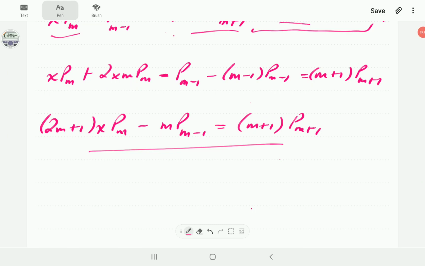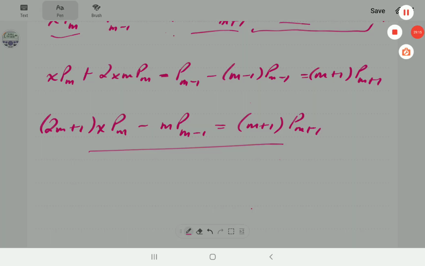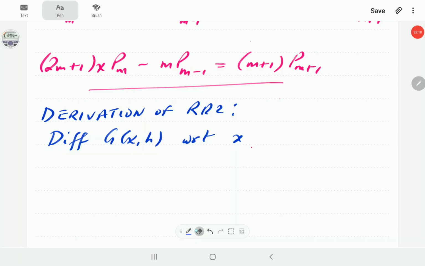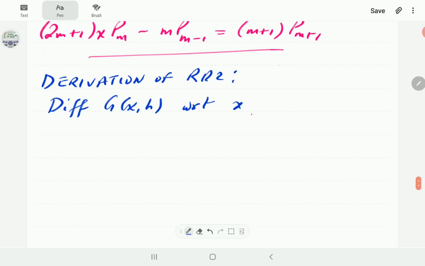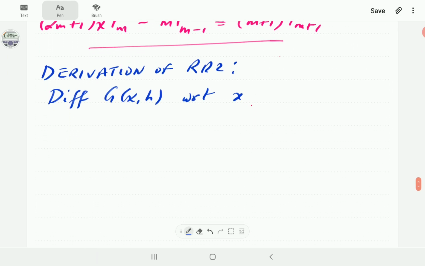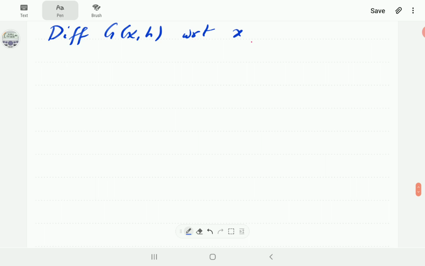We're going to go to the derivation of the second one now. All right, in the case of derivation of R2, what we do is we differentiate the generating function with respect to x this time. Remember, in R1 we differentiated with respect to h. When we differentiate with respect to x, the left hand side is going to be h over 1 minus 2xh plus h squared all to the power 3/2.